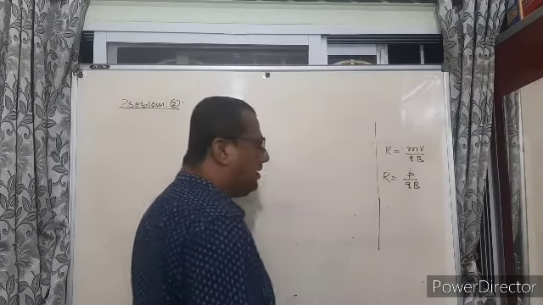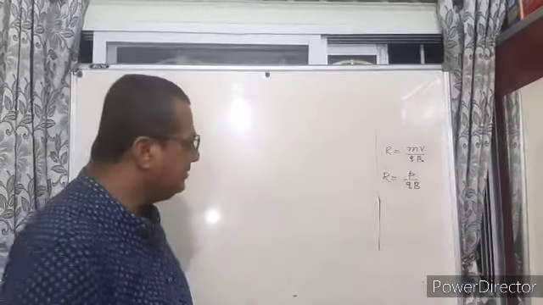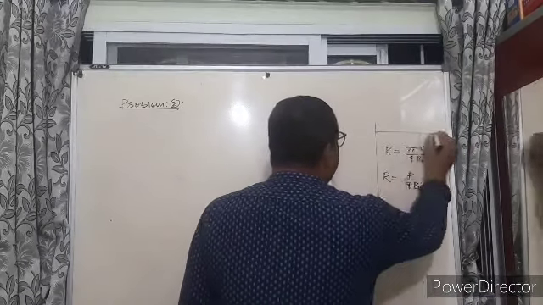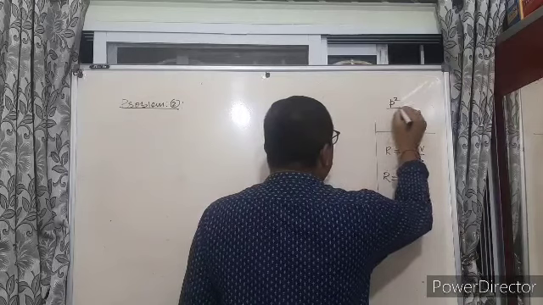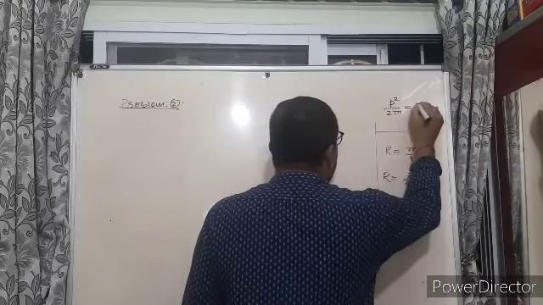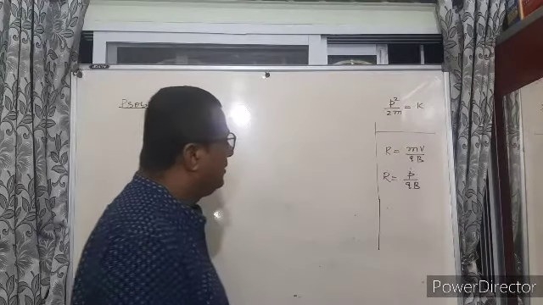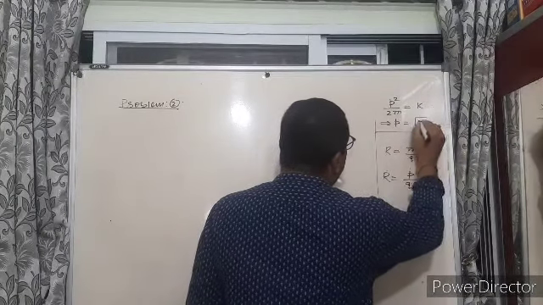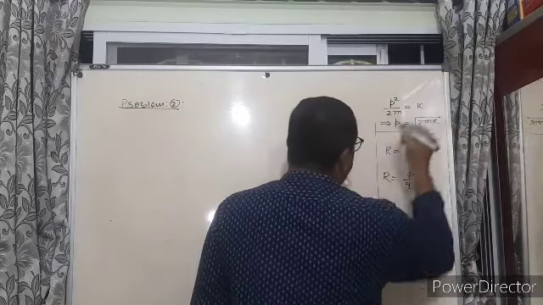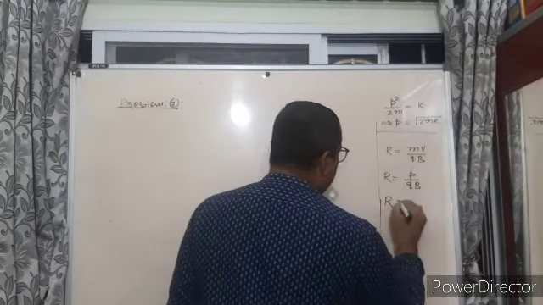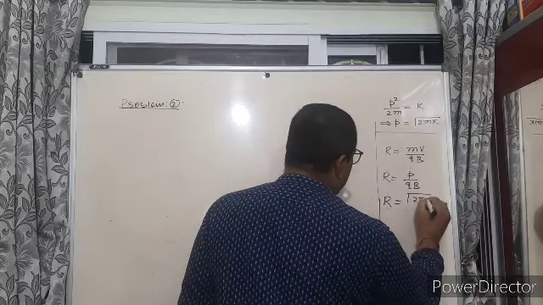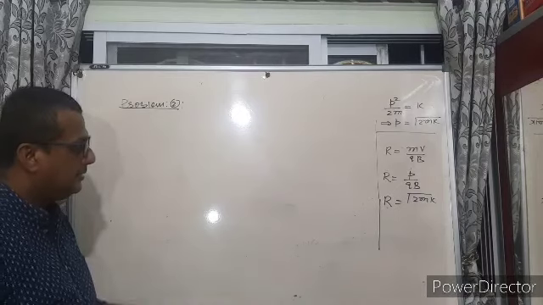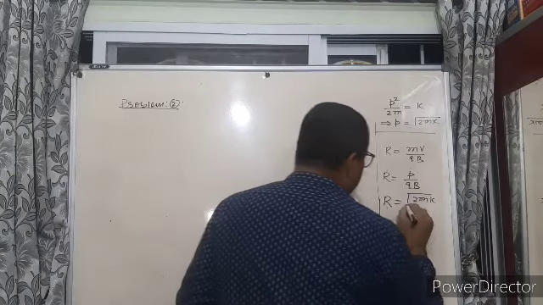We know p square by 2m is equal to kinetic energy, so from here p is equal to under square root 2mK. So r will be equal to under square root 2mK by qB. This is the momentum divided by qB.